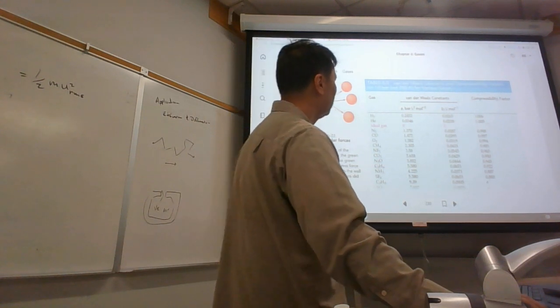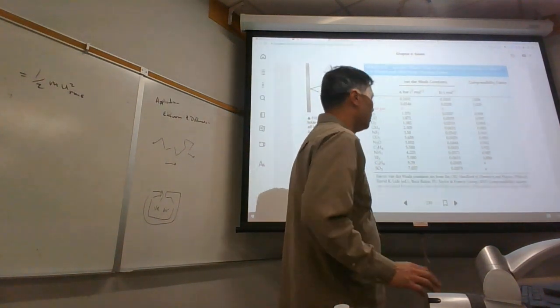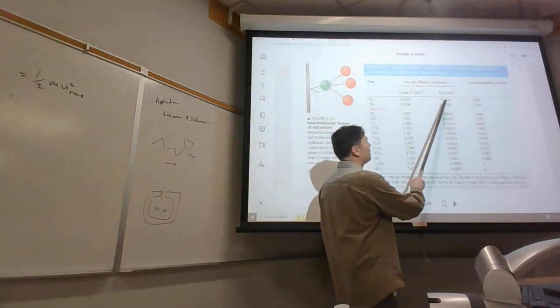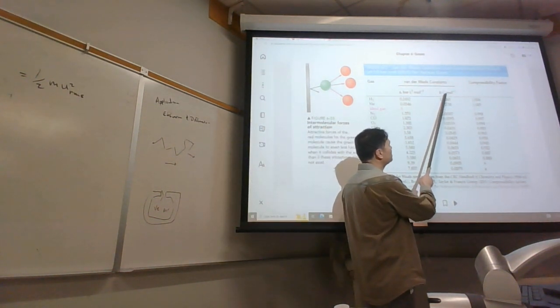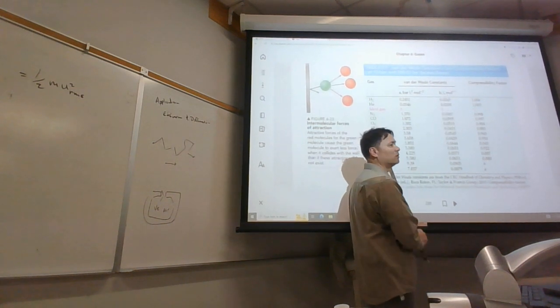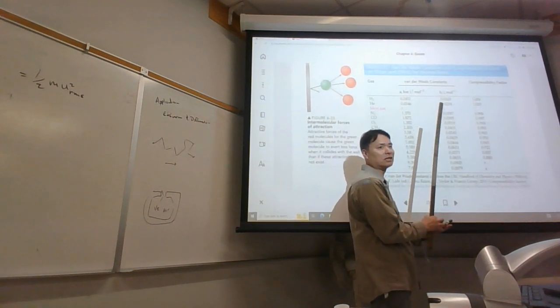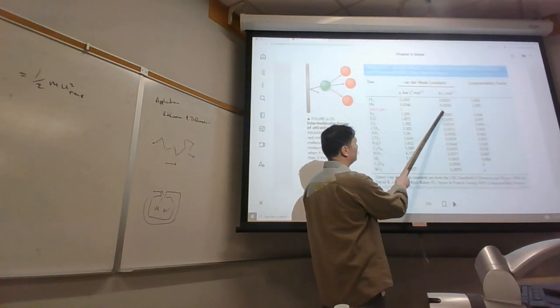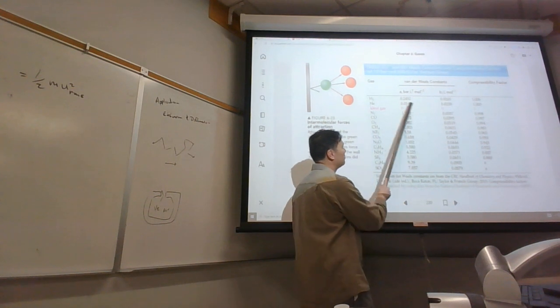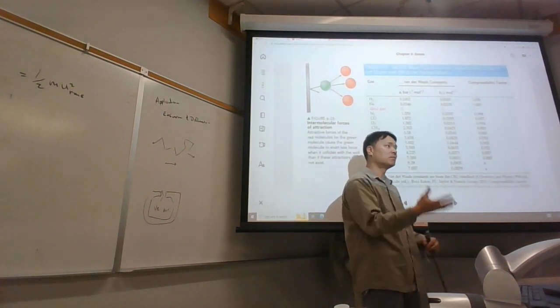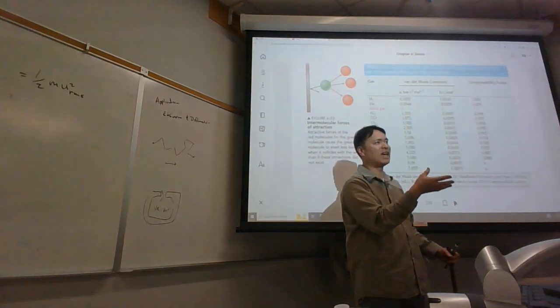Now b is related to volume. How much space is occupied by the molecule? So this is liters of space per mole. If I had a mole of these molecules, how many liters does that take? For example, if I had a mole of ideal gas, it takes 0 liters. But if I have a mole of helium, then it occupies 23.8 milliliters of just the atoms alone.